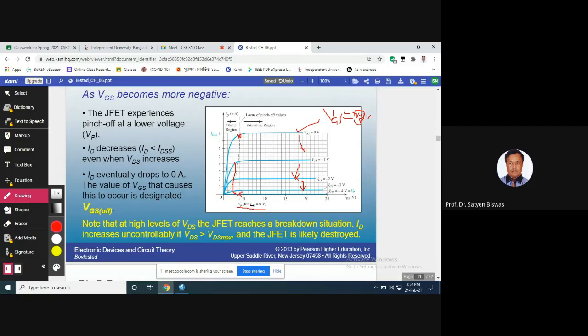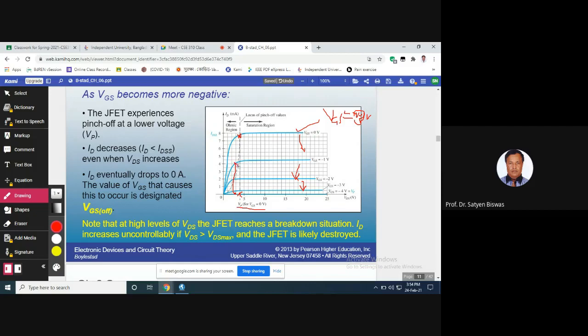Maybe if in case of 0 it is 5 volt, in this case it will be around 4 volt. Understand? So when the VGS is decreased negatively, then the pinch-off voltage also decreased.